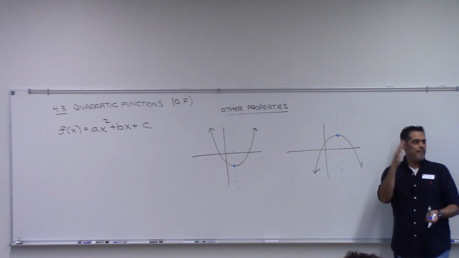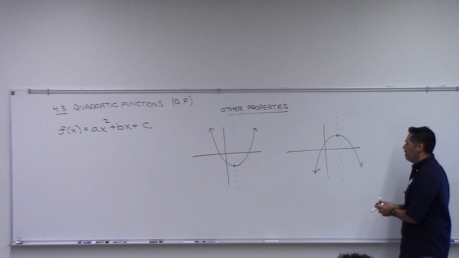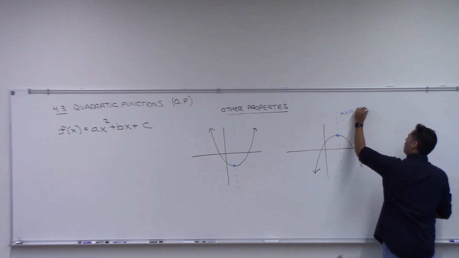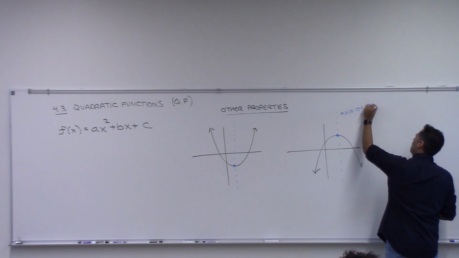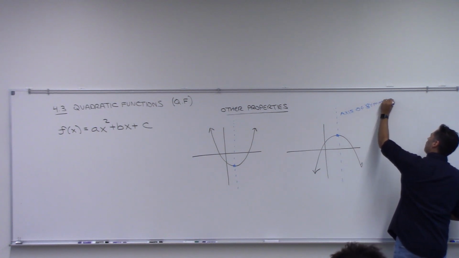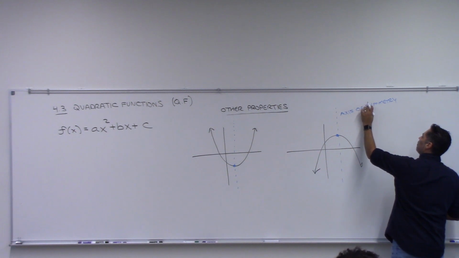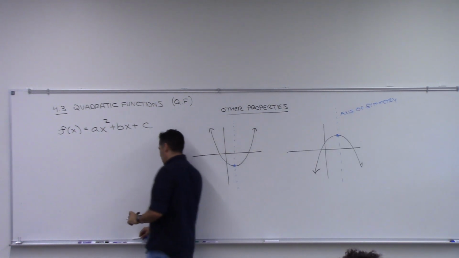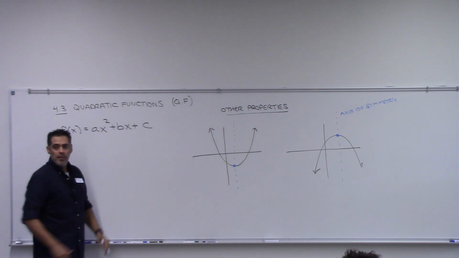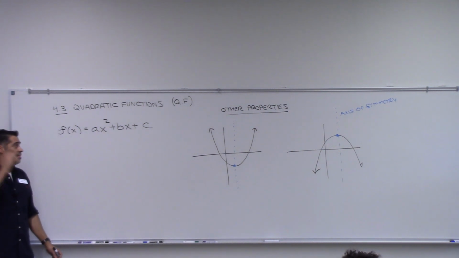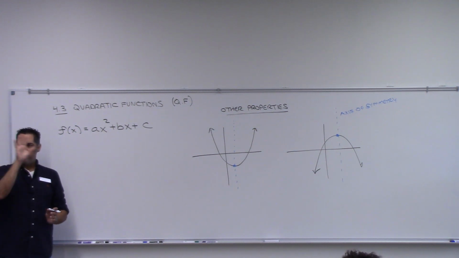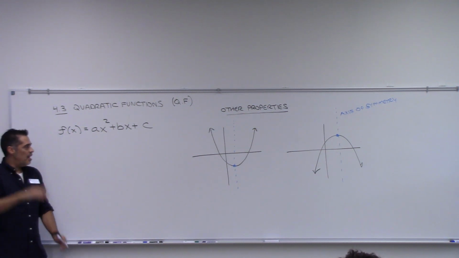In other words, it should be a mirror image of itself on that line. Because of that, we call this the axis of symmetry. That's another property of parabolas. We need to know that. What's the axis of symmetry of a parabola? It's that imaginary line that creates a reflection over that line.